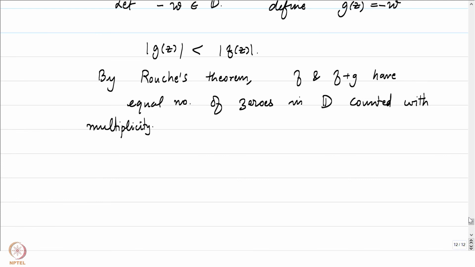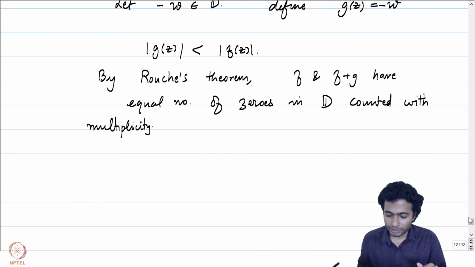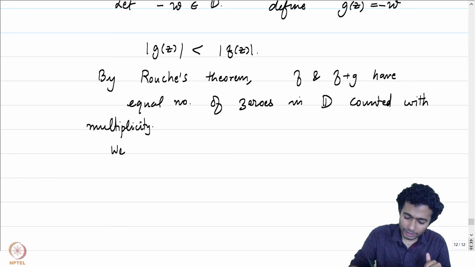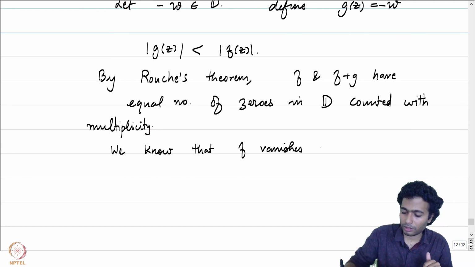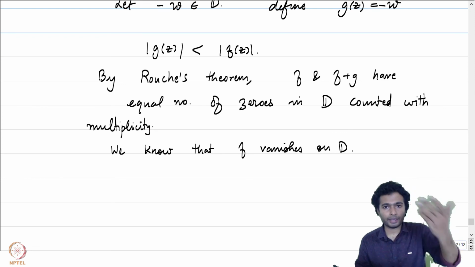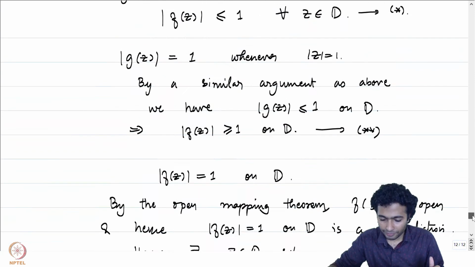So the number of zeros in D counted with multiplicity of both f and f plus g are going to be the same. We know that f vanishes on D by our previous claim.